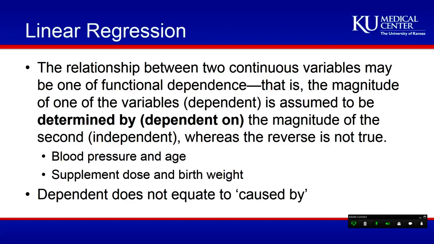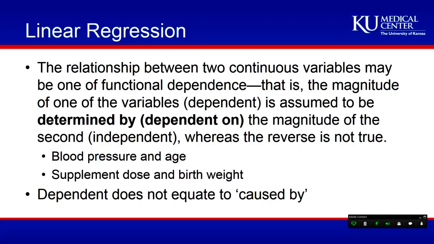If I increase, for instance, DHA to mothers, the dose that they're receiving from placebo up to some maximum acceptable dose level, we might also see changes in birth weight of infants born to these mothers. So that is an obvious functional dependence between birth weight, which is our Y, our dependent variable, and supplement dose, which is our X. Blood pressure and age is another example.